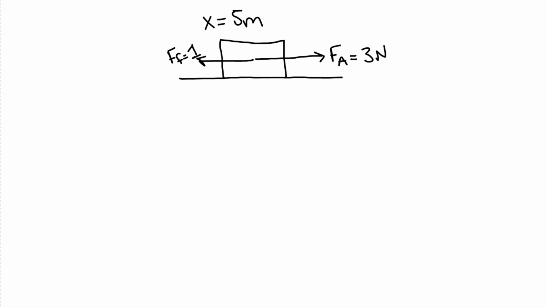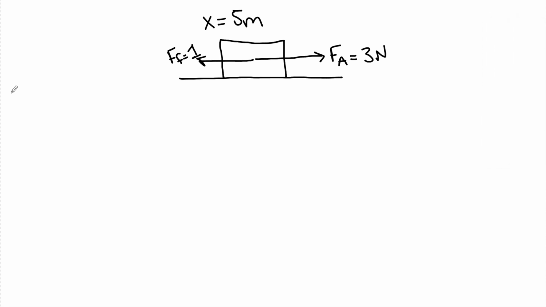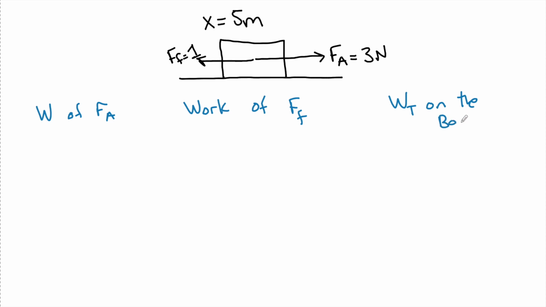So now I can really ask 3 different questions to you. I can now ask for the work of FA. I can ask for the work of FF, or I can ask for the work total on the box. All right, so let's look at each one of those.